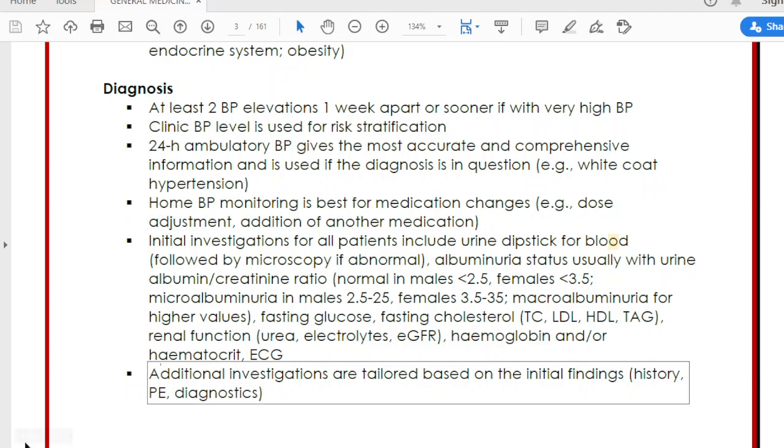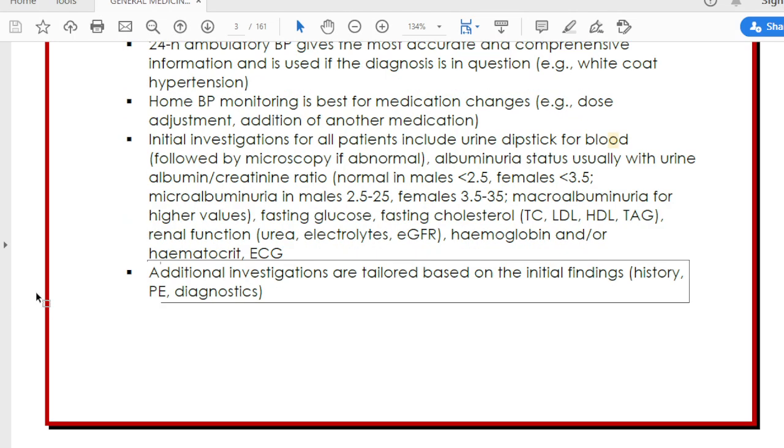Additional investigations are tailored based on the initial findings, history, PE, and diagnostics.